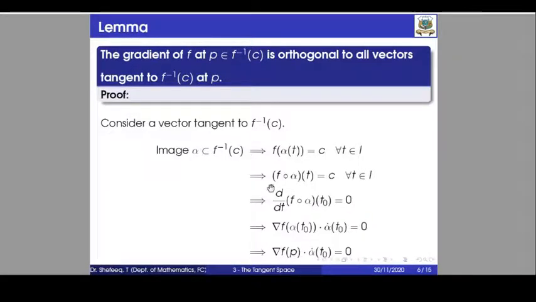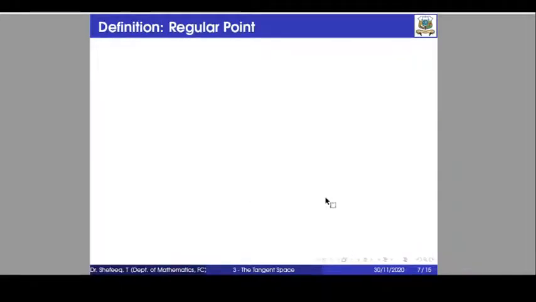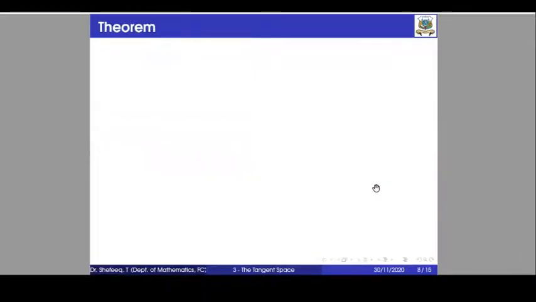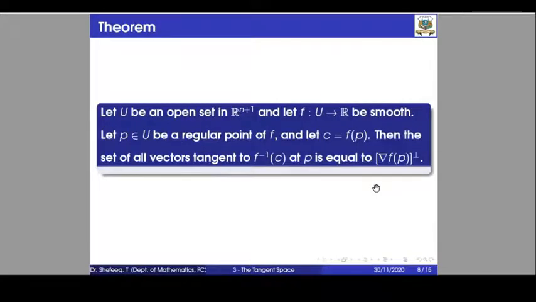So the proof is very simple. Next, we have a definition of regular point. Okay, a point p in R^(n+1) is called a regular point if del f of p is not equal to 0. Now we have a theorem.